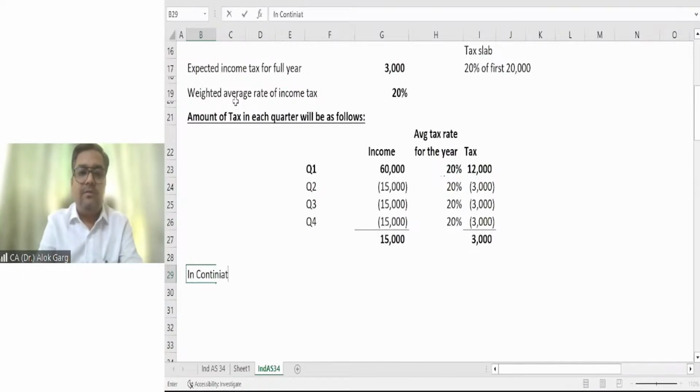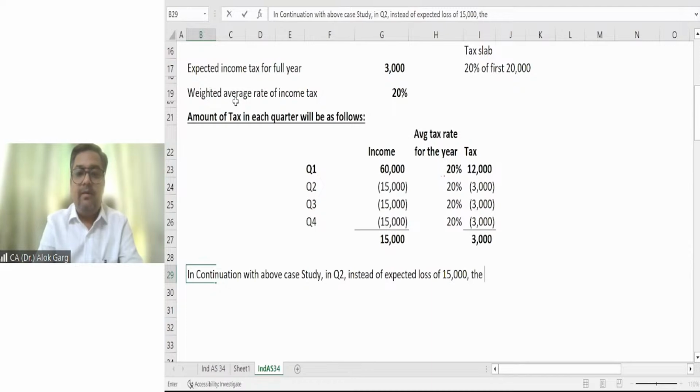In continuation with the above case study or illustration, in Q2, instead of the expected loss of 15,000, the company has earned a profit of 5,000, right?